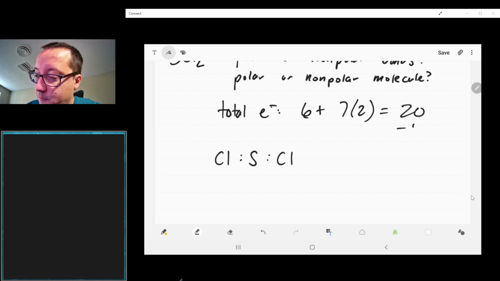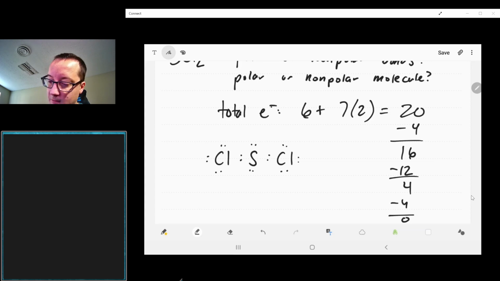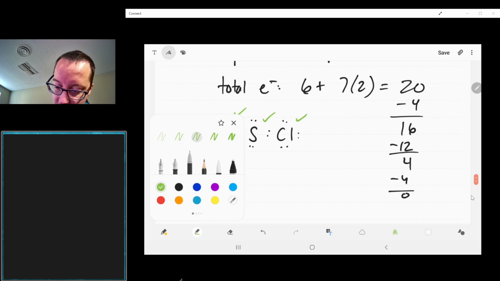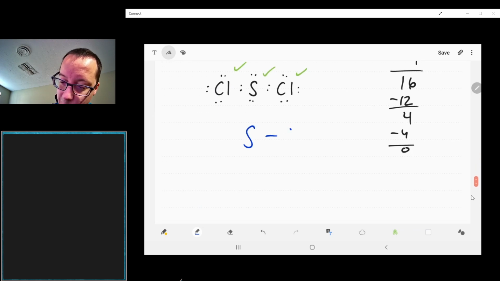So we've used up 4 electrons, 16 left, 2, 4, 6, 8, 10, 12. Just use 12 more electrons. We have 4 left. We give them to sulfur. We double check. Everybody is happy, and indeed they're all happy. So we have our Lewis structure here, and we can redraw it with the bonds.